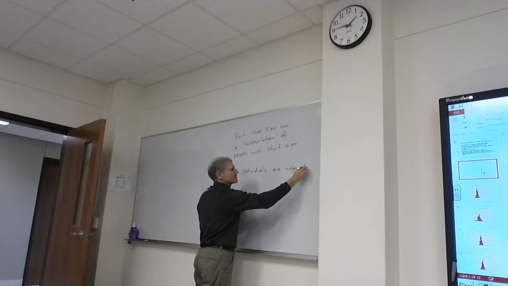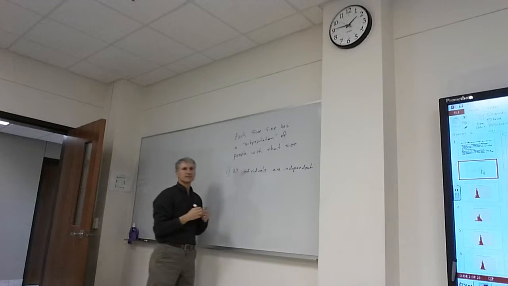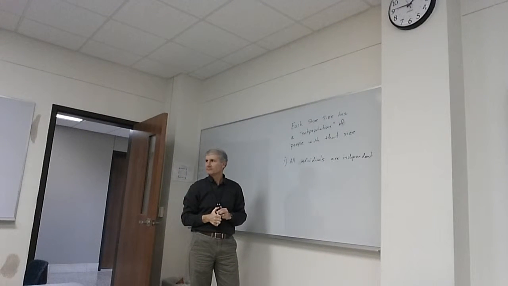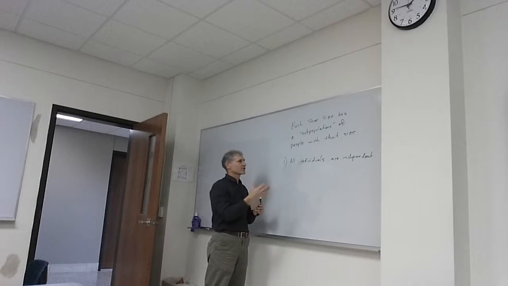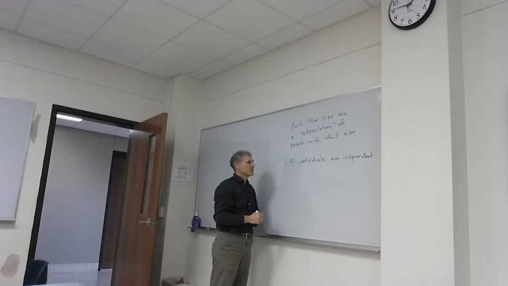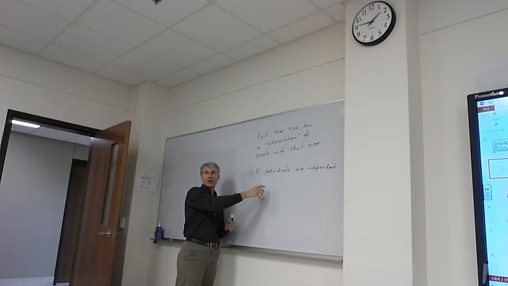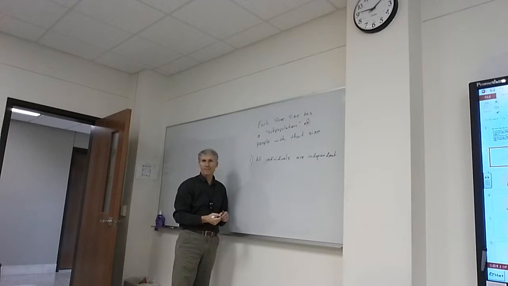What does that mean to say they're independent? The results of one don't affect the results of another. Knowing something about one point doesn't give you any information about where another point is likely to be.